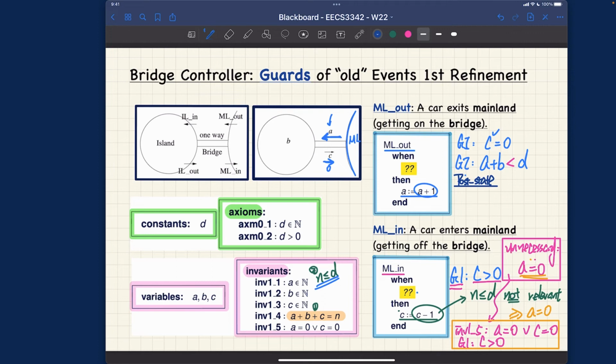So that would be number 1, N prime less than or equal to D, right? We don't really prime the constant D because the constant values stay the same between the pre and post states. Number 2, A prime plus B prime plus C prime is equal to N prime, right? You can see all the variables should be primed to denote their values in the post states.